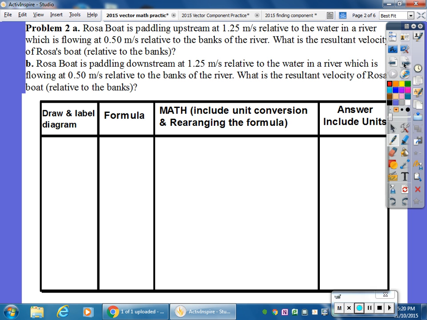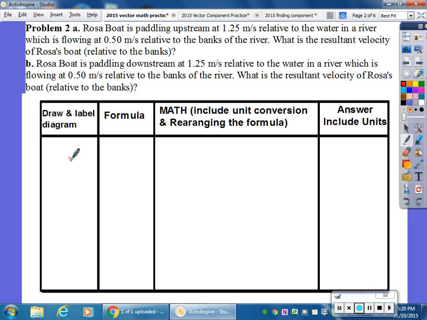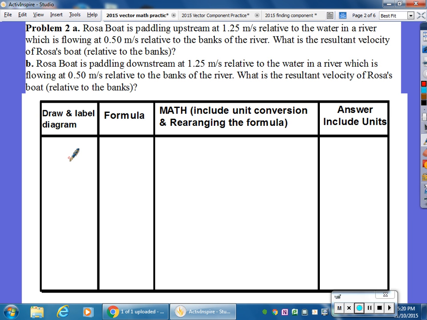So we'll draw that as a vector, and we'll say she's going upstream. So we'll just use upstream, and we'll use this as a vector going up, 1.25 meters per second. That's our velocity going upstream.